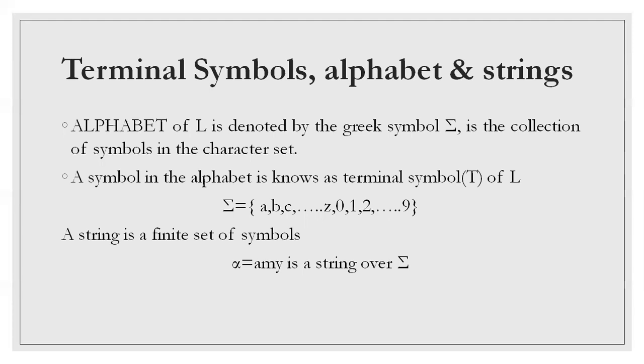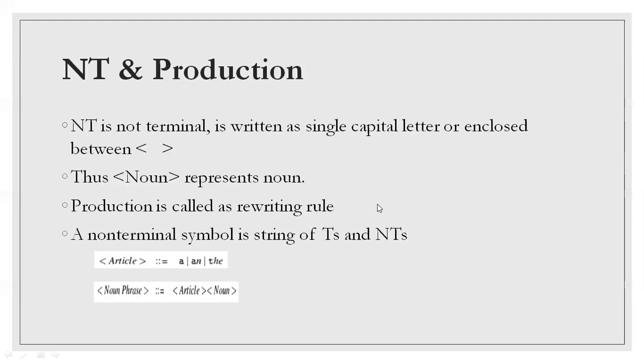Terminal symbol, alphabet and strings. Next are NT and production. NT stands for non-terminal. A non-terminal is always written in capital letters and enclosed between angle brackets, for example noun. Now, what is meant by production? A production is called a rewriting rule.